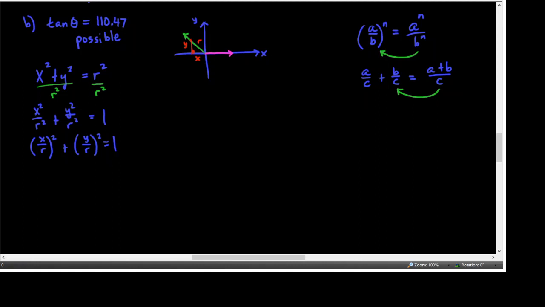Okay, now x over r, what is that the definition of? X over r. Well, that's cosine of theta, right? Squared. Plus, what's y over r the definition of? It's the definition of sine of theta.